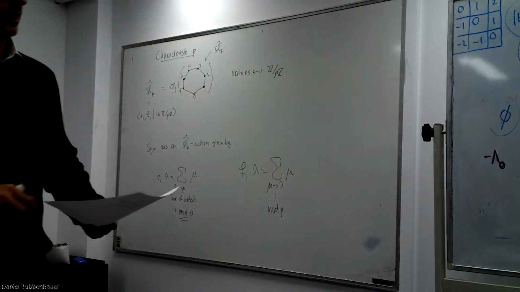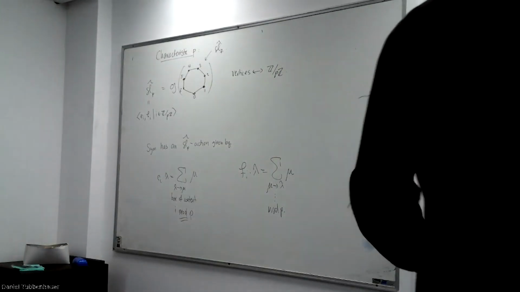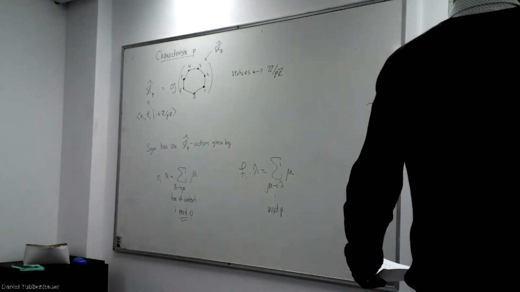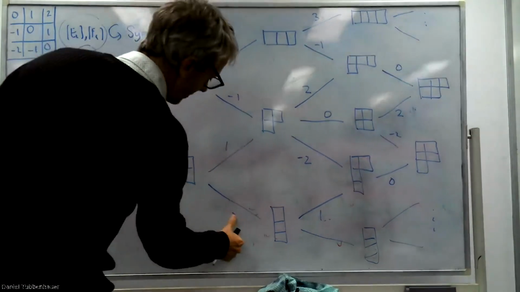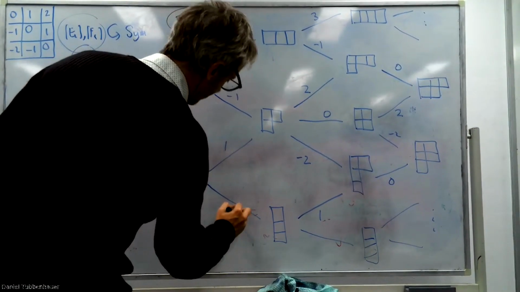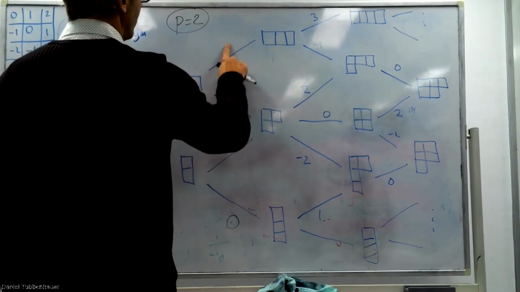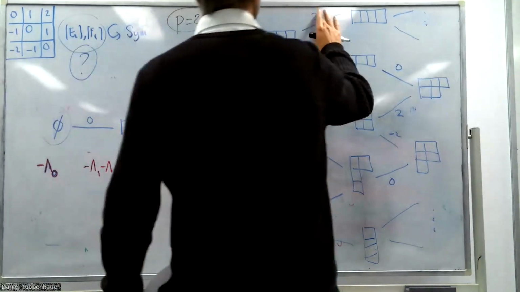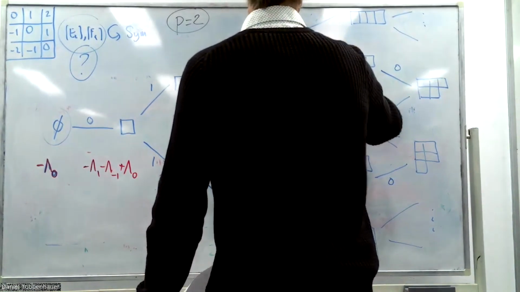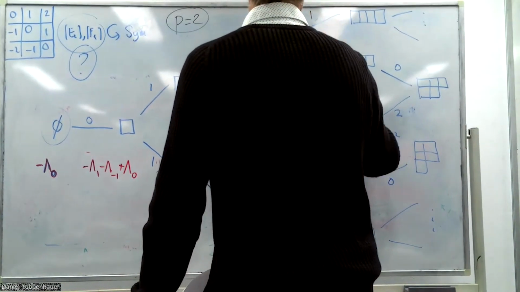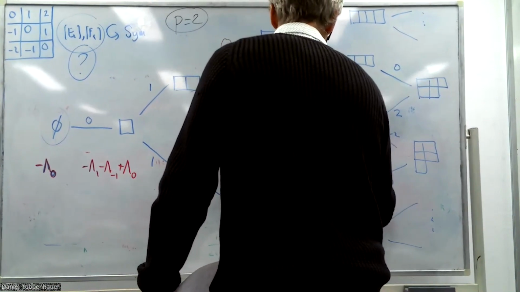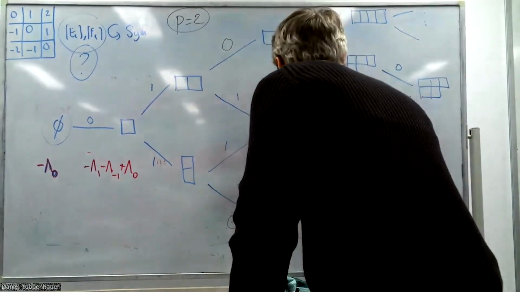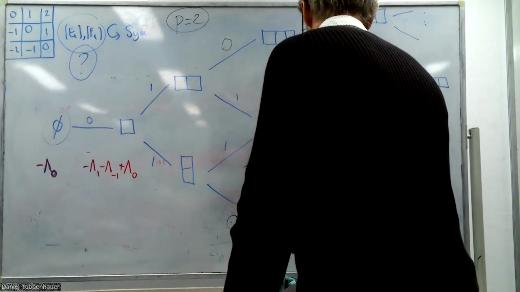Okay, so we take all these things and let's just do modulo 2 in this picture. So these become 0, 1, 1, 0, 1, 1, 0, 0, 0, 1. What was this one?